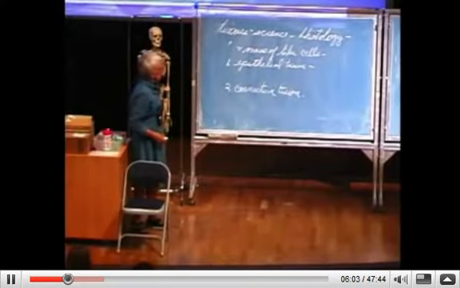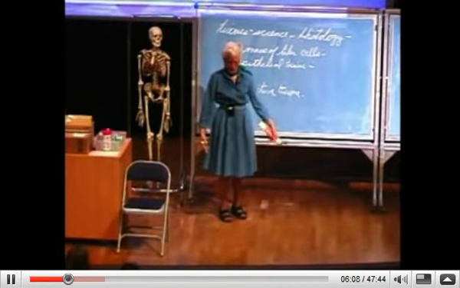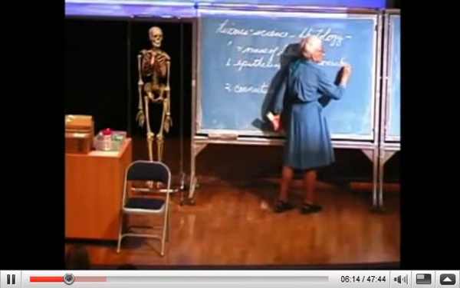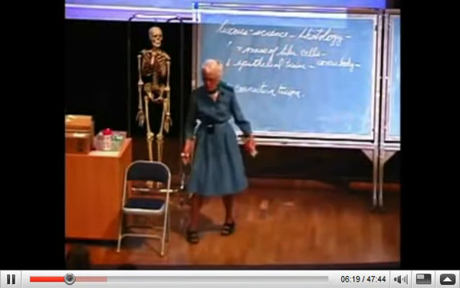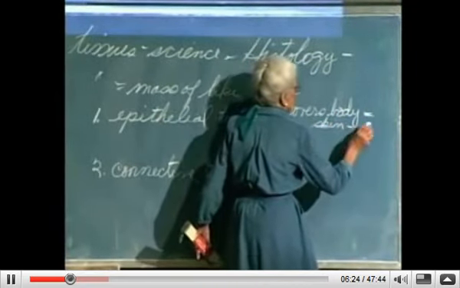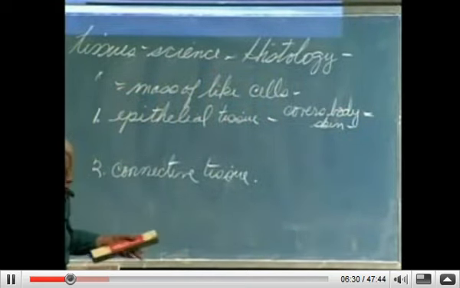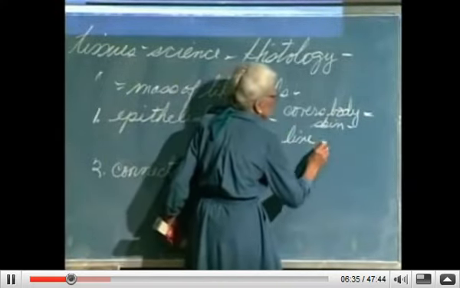So, where do we find epithelial tissue? This is very general because we fill all this in with detail. But epithelial, it covers the body. So you could quickly surmise that skin is an epithelial tissue. It will line the tubes within your body. We're going to see how much of us is made up of tubes. So it will line tubes.